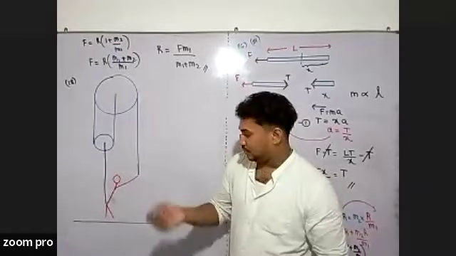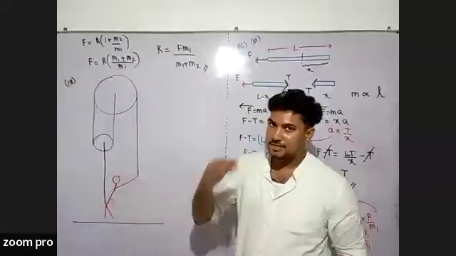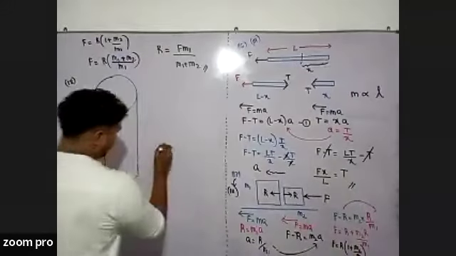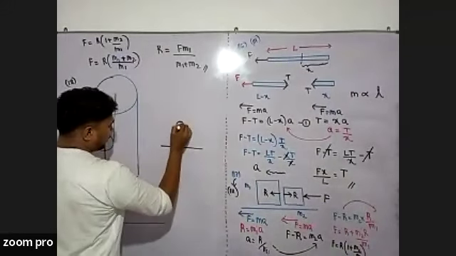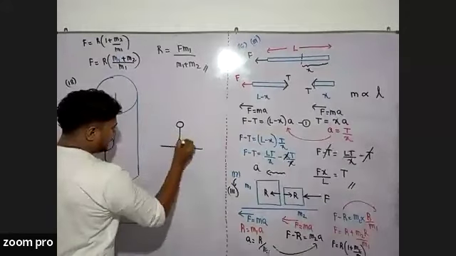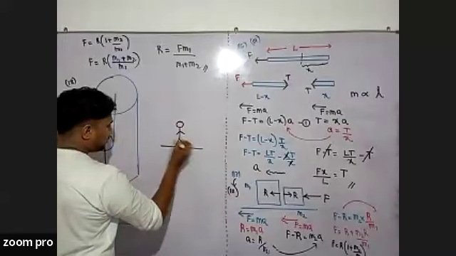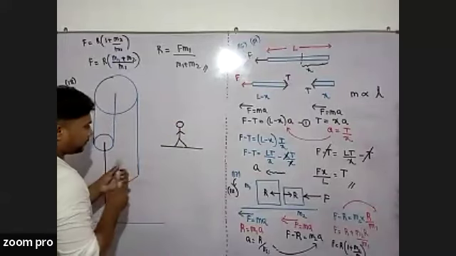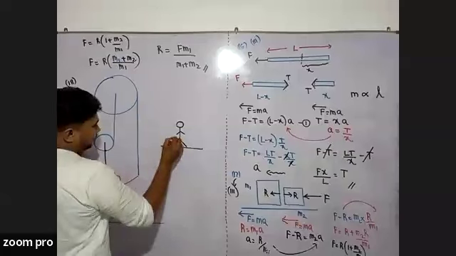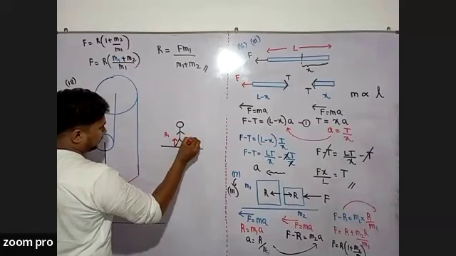Now normally, if a person is standing on the ground, there's a normal reaction exerted on this man from the floor, isn't it? So we can mark it as R1 and R2, right?